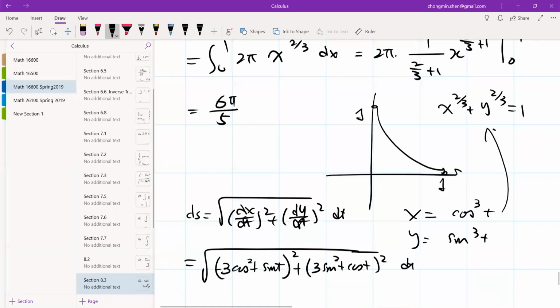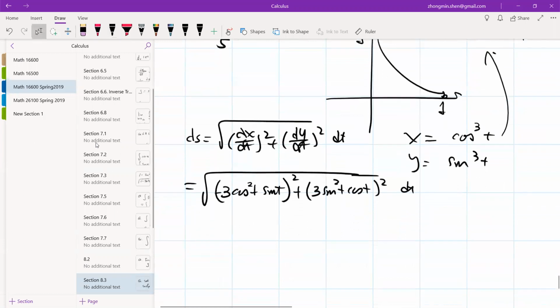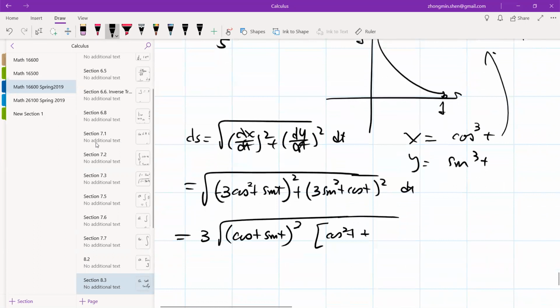I'm not sure it's getting simpler, but this is what you get. Okay, but you can simplify, I think. The reason is you can take sine t, cosine t out. You can take 3 out, and you can take cosine t, sine t out. Then you only have cosine squared t plus sine squared t inside. Okay, so you get 3 cosine t sine t dt, because this is going to be 1.